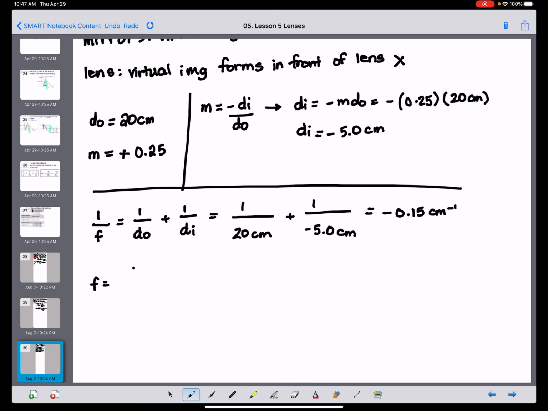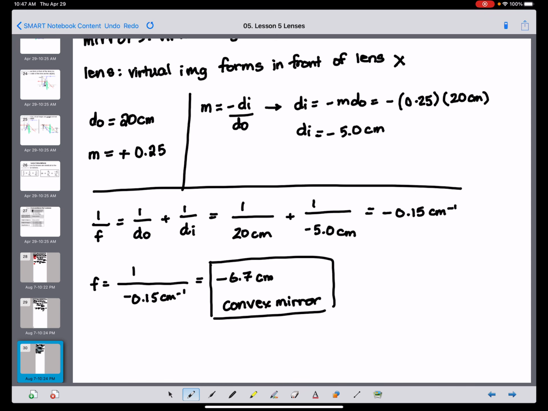So for our focal length, 1 over negative 0.15 is negative 6.7 centimeters after you round. Okay, now we are good to answer the question. We found the focal length, which is part of what it asked us for, but it also asked what type of mirror it is. We know that convex mirrors have negative focal lengths, so this optical device must have been a convex mirror.